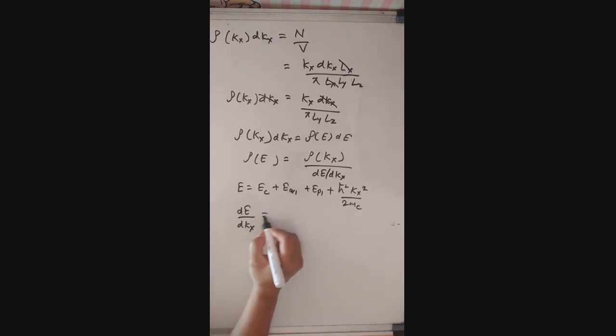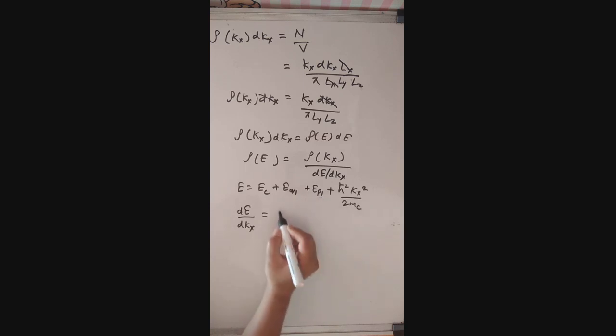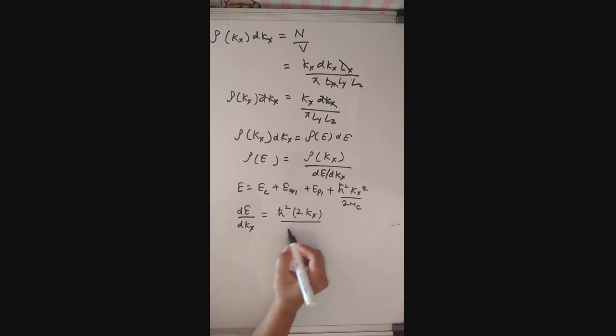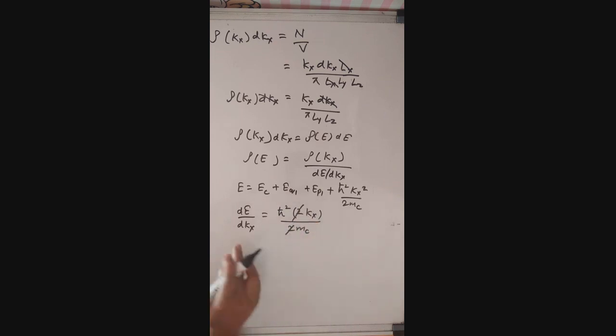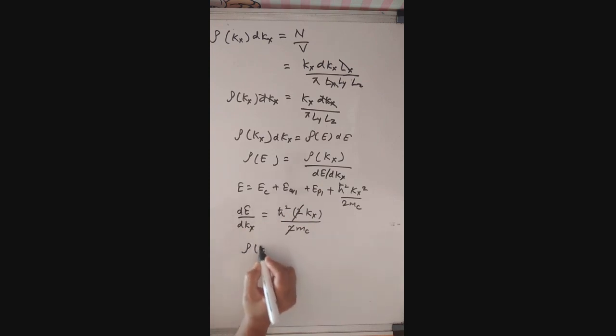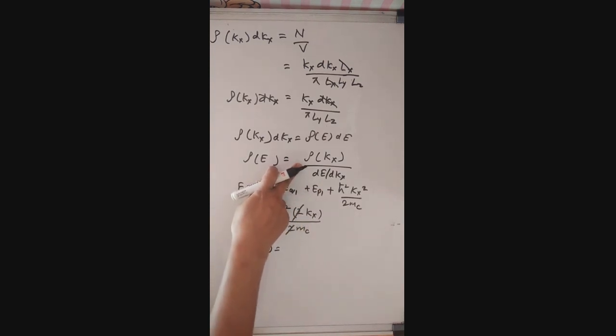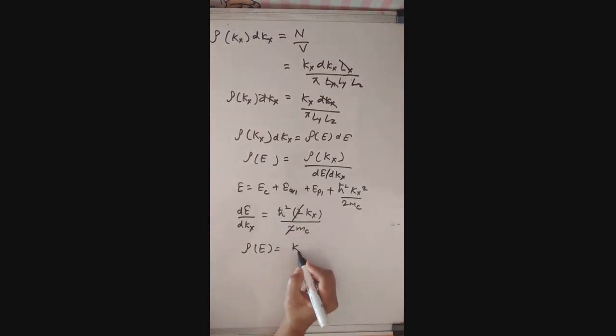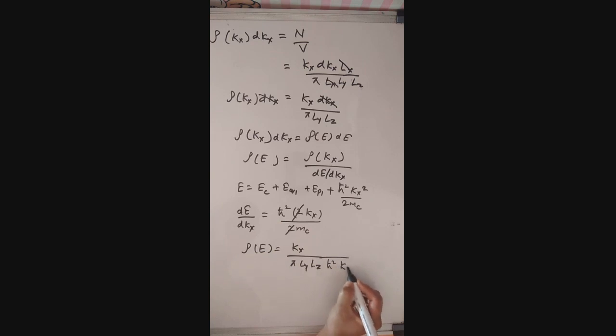This, this and this are constants. So we will get h cross square kx divided by MC. Putting in the values, rho E equals rho kx, which is kx upon pi Ly Lz, divided by dE by dkx, which is h cross square kx upon MC. This kx cancels out.